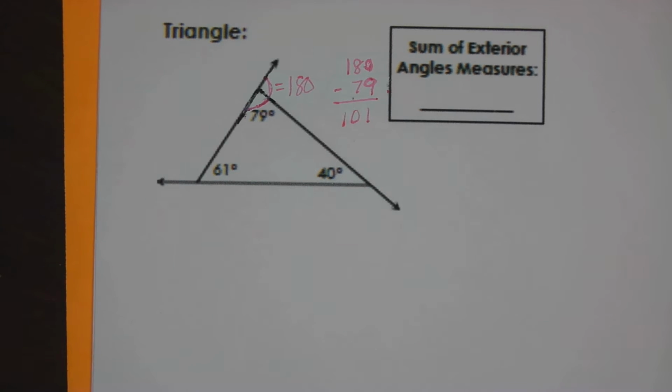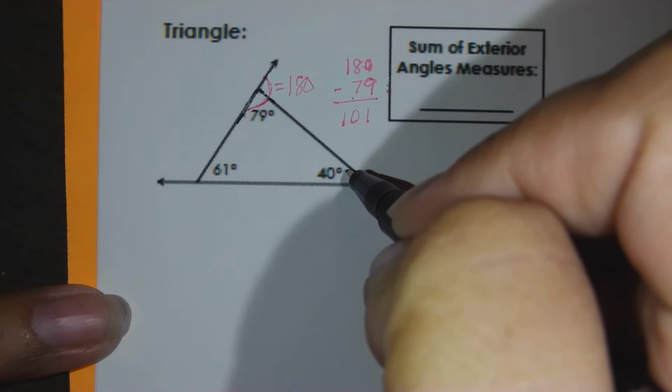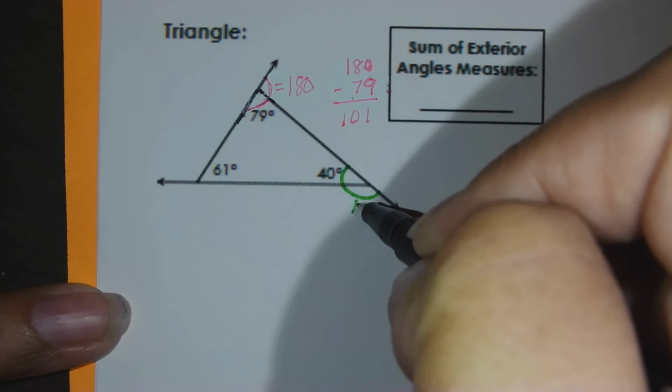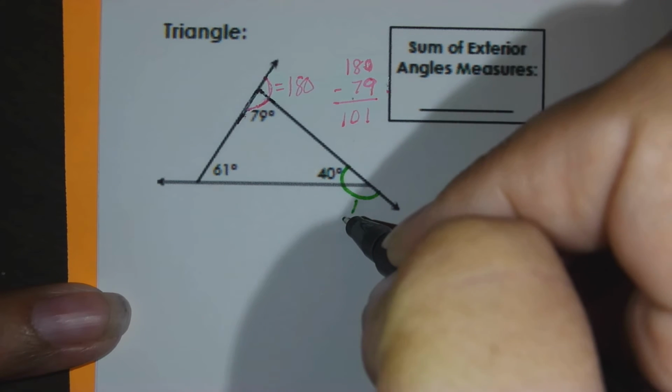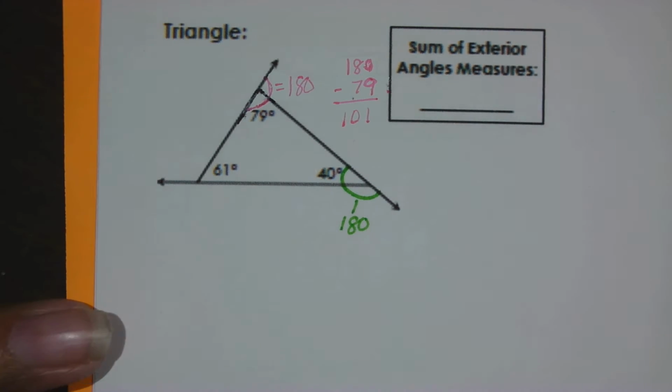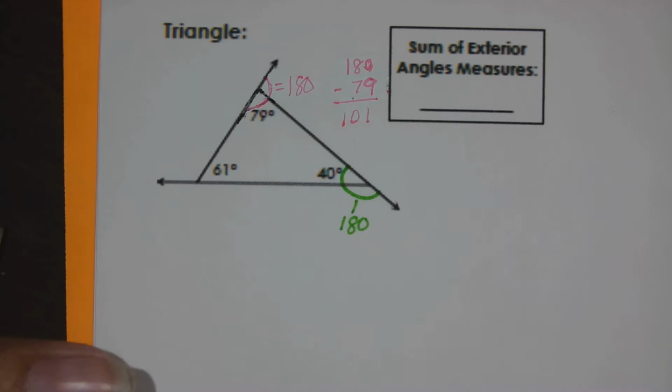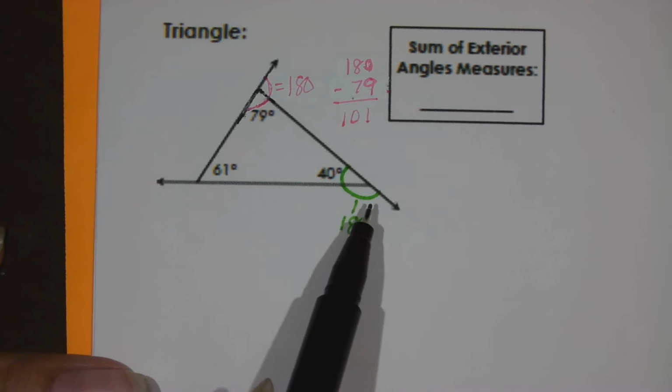Now we're going to look at another angle. This other angle will be that 40 degrees. This 40 degrees right here, with the exterior angle, makes a 180 degree relationship. Remember, it is supplementary because they're on a line. These two angles share a line and they're adjacent, adjacent angles that are supplementary.